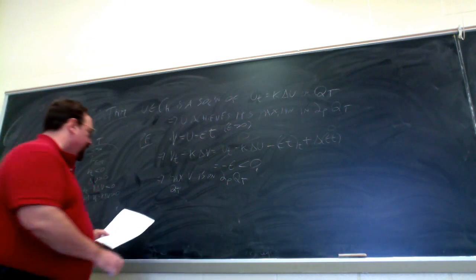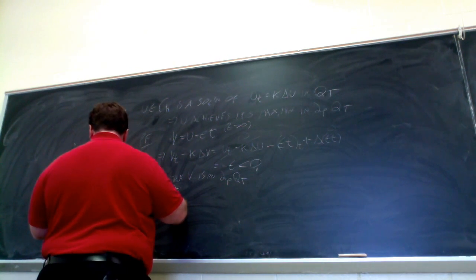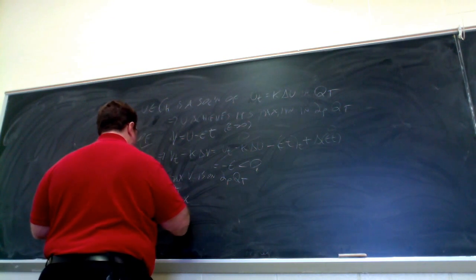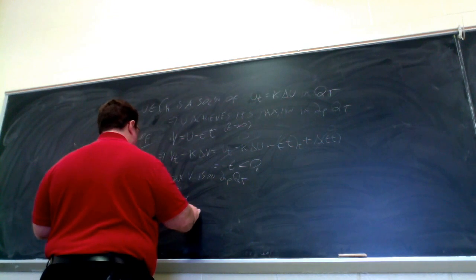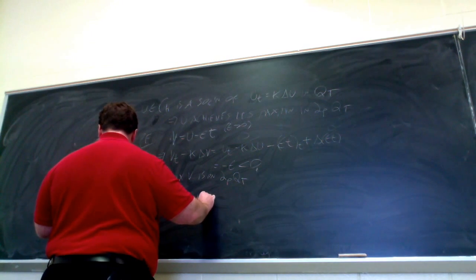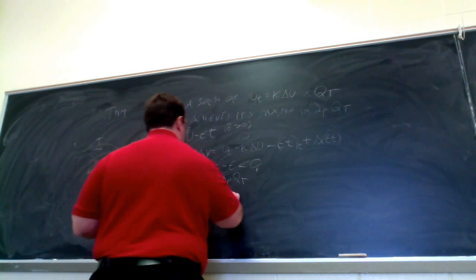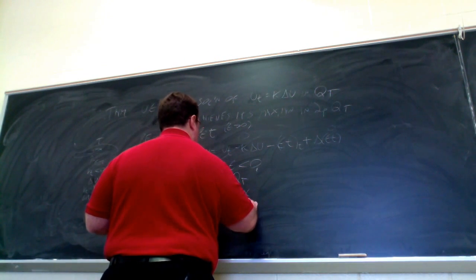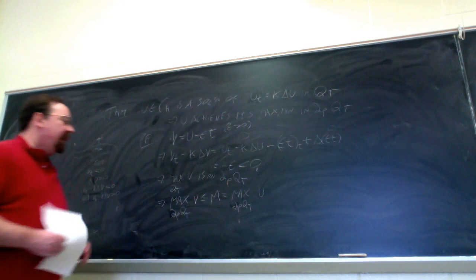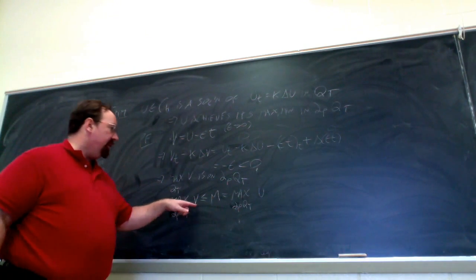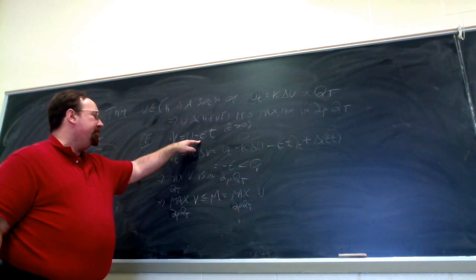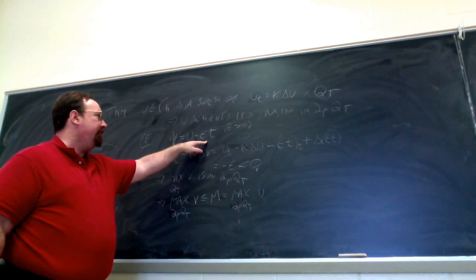Also, we can say that the maximum of v on the parabolic boundary is less than or equal to M, which I define as the maximum on the parabolic boundary of u. The reason for that is v is definitely less than or equal to u, because we're subtracting something off.